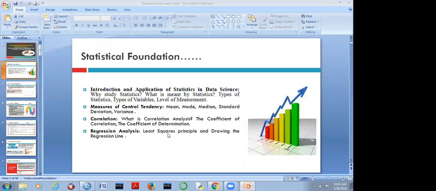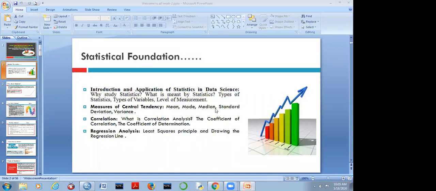Many of you have studied the theoretical way and solved the questions manually. But here we can do it with the help of software. Practically we can solve the statistical problems with the help of software, or applications.